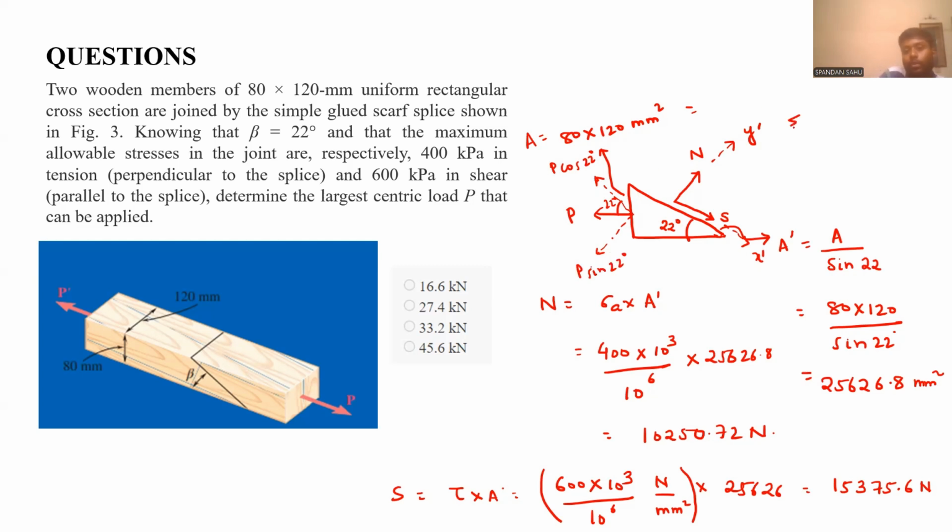So if you do summation of Fx prime equal to 0, what will you get? This will be S minus P cos 22 degree equal to 0. And we have already got S to be 15,375.6, so 15,375.6 upon cos 22 degree will become P. So let us calculate.